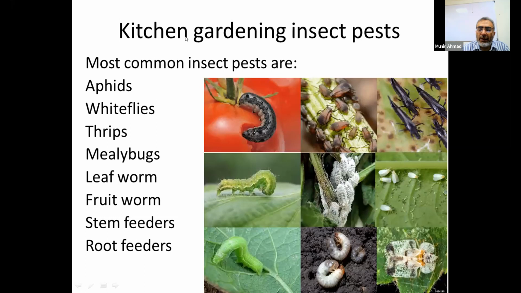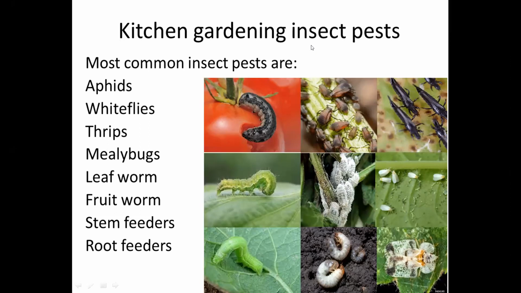These are the major insects because in our kitchen gardening we generally go for vegetables like salad plants, like mint, cucumber, and tomatoes. These are the most commonly grown plants, and these insects are present on them.